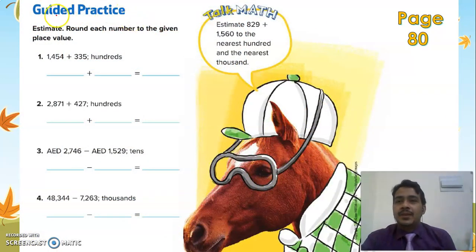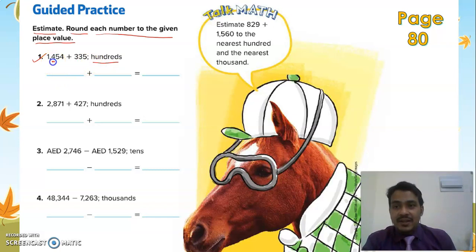Okay, now this is pretty much clear. Estimate and round both mean the same: round each number to the given place value. In the first question, the place value given is 100. So check the number in the hundreds place. 4 is in the hundreds place.